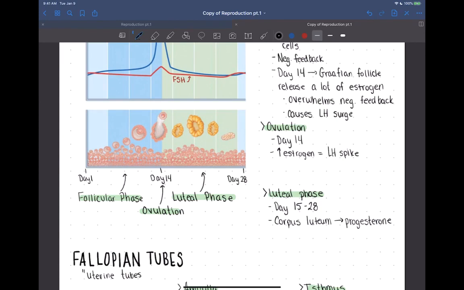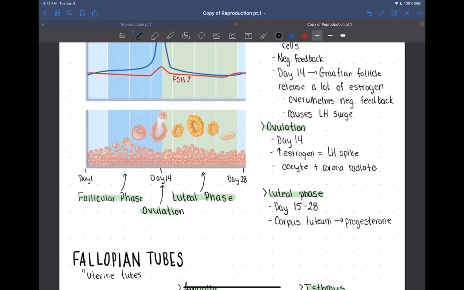And remember, with ovulation, the oocyte and corona radiata are released. Interesting word to hear again, the corona radiata; we hear a lot of corona right now.